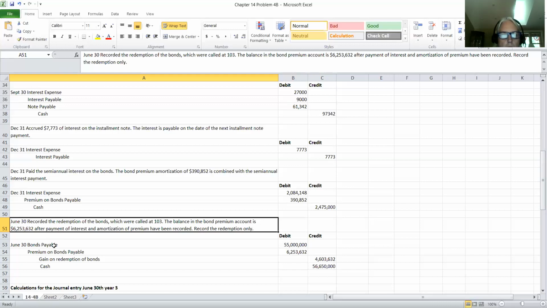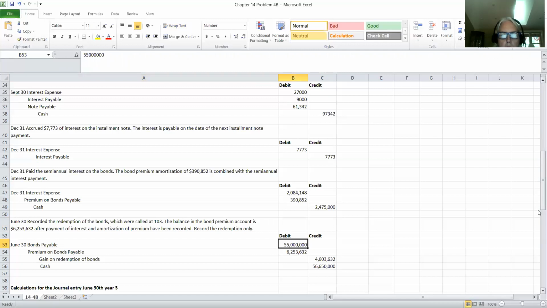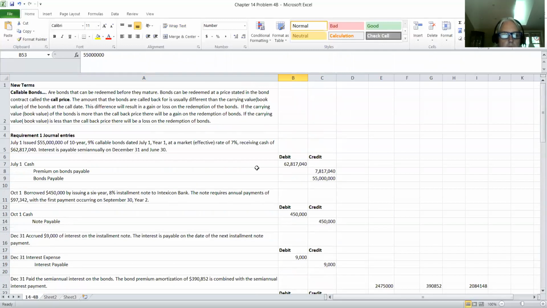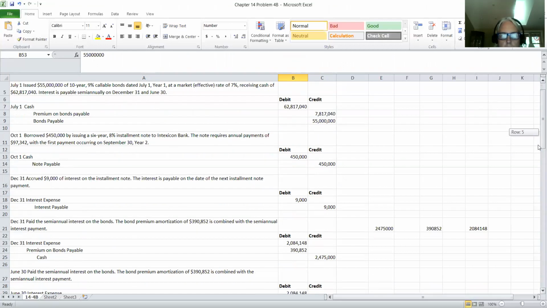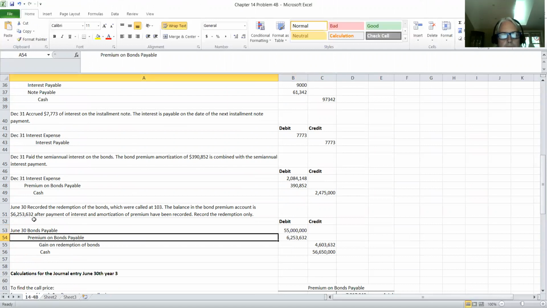The bonds had an original face value of $55 million, and that comes from this part right here in requirement number 1 for journal entry on July 1st. Our face value is going to be debited. The premium amount is the amount that they have left in the premium at this particular point in time.